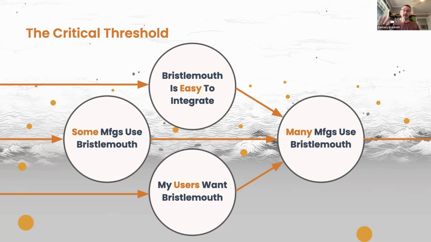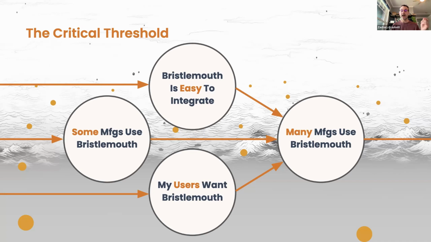If you are a device manufacturer and your customers are calling you up and saying, hey, I really love your stuff, but I would love it so much more if it worked with all this other Bristlemouth stuff I have. You all should really make a Bristlemouth thing. That's one kind of pull. That's a strong incentive for any company to dive into this.